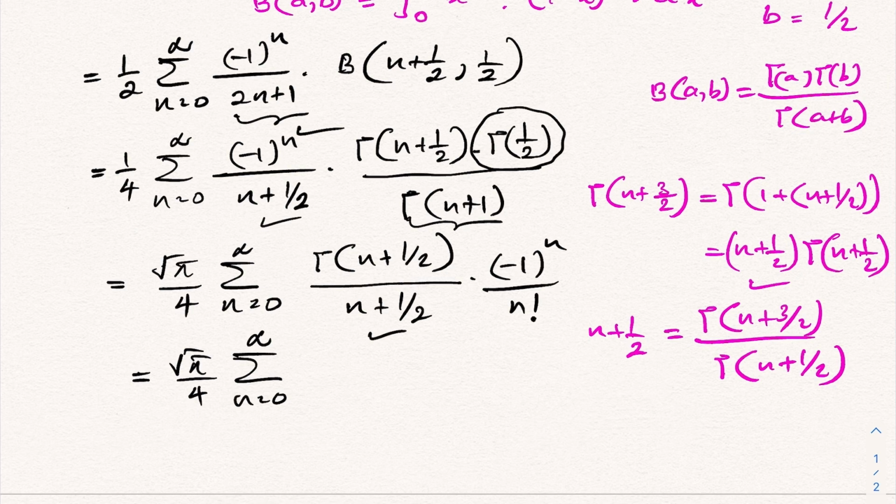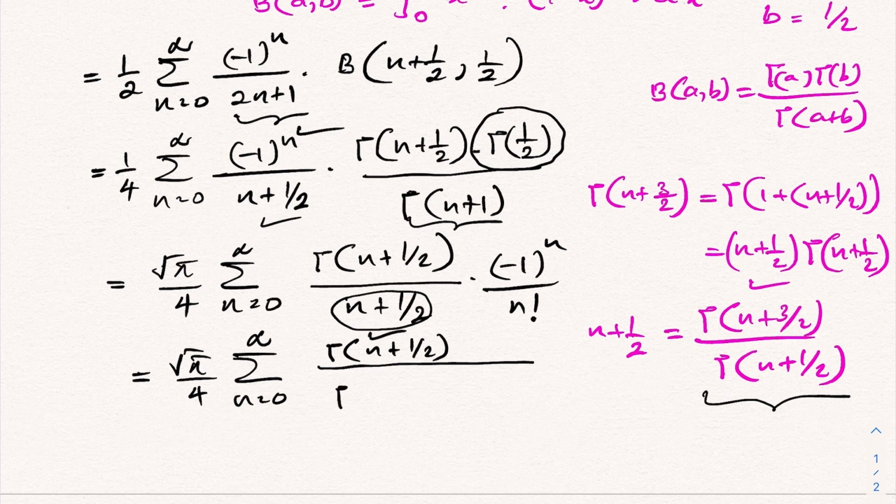Now here we have gamma of n plus 1 half, and instead of this n plus 1 half, we have gamma of n plus 3 over 2 over gamma of n plus 1 half. So we can write in the numerator gamma of n plus 1 half times minus 1 to the n over n factorial.